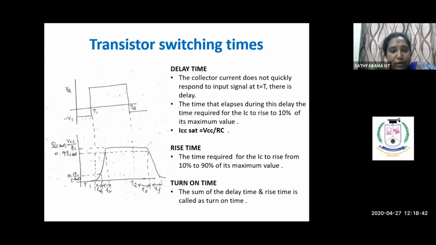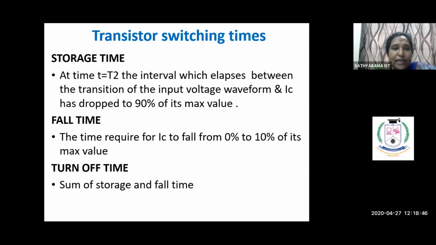Next we take ts, the storage time. At the time t equal to t2, we define the storage time as the interval which elapses between the transition of the input voltage waveform and IC dropping to 90% of its maximum value.